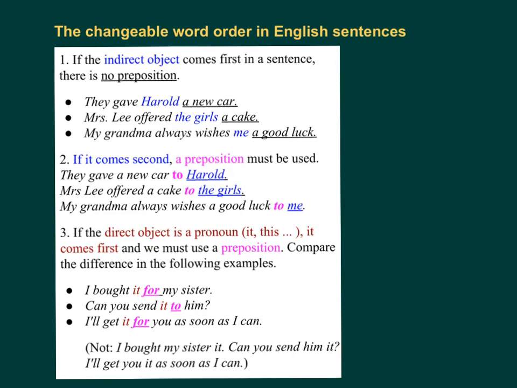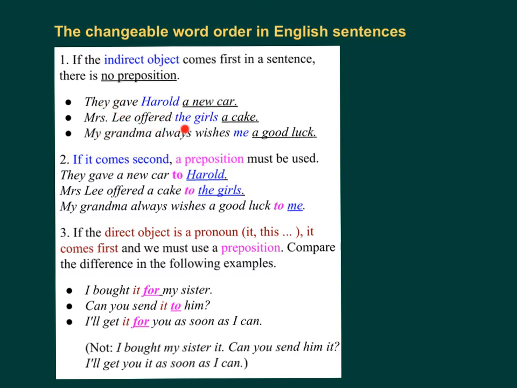If the indirect object comes first in a sentence, there's no preposition. These are the examples. They gave Harold a new car. Harold is the indirect object, so there's no preposition.